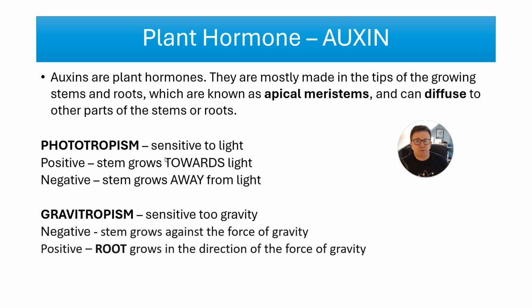All of this is to do with stems. With phototropism, either stems grow towards the light, which is positive, or stems grow away from the light, which is negative. Gravitropism, if it's negative, is about stems growing against the force of gravity, so going upwards, whereas roots grow in the direction of the force of gravity, downwards.